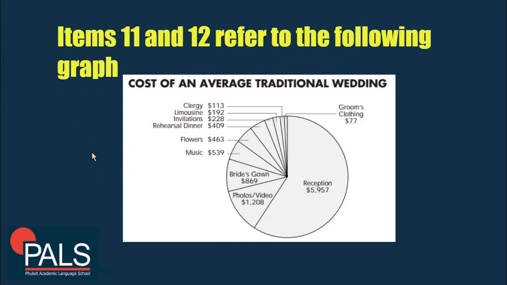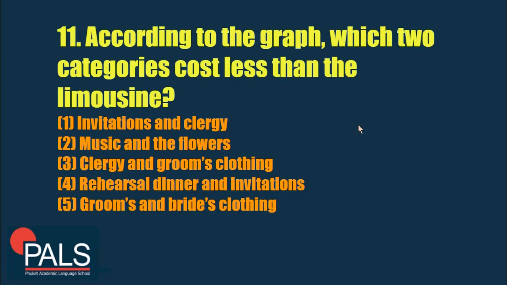Now, let's take a look at this graph. If you take a look, cost of an average traditional wedding. Wow, look at that, reception. Costs a lot. While the clergy is somehow, yeah, okay. And a groom's clothing? My God, it's the cheapest thing. Now let's take a look at the questions. According to the graph, which 2 categories cost less than the limousine?